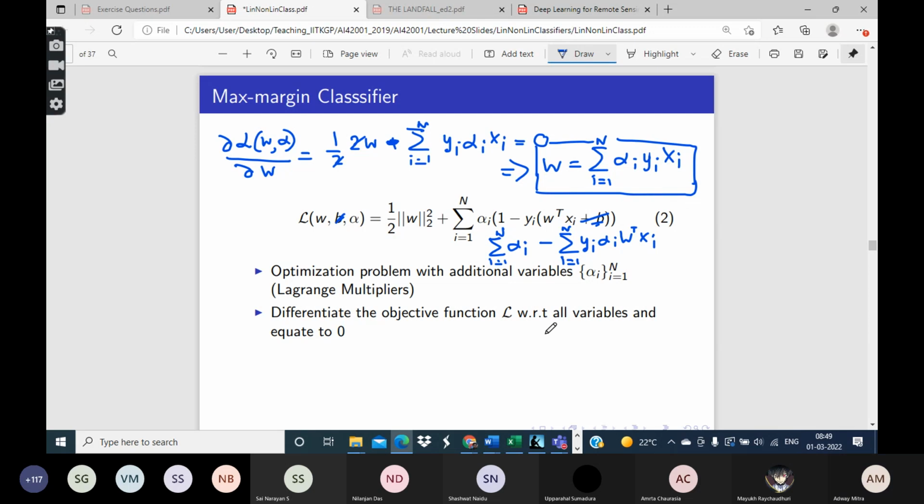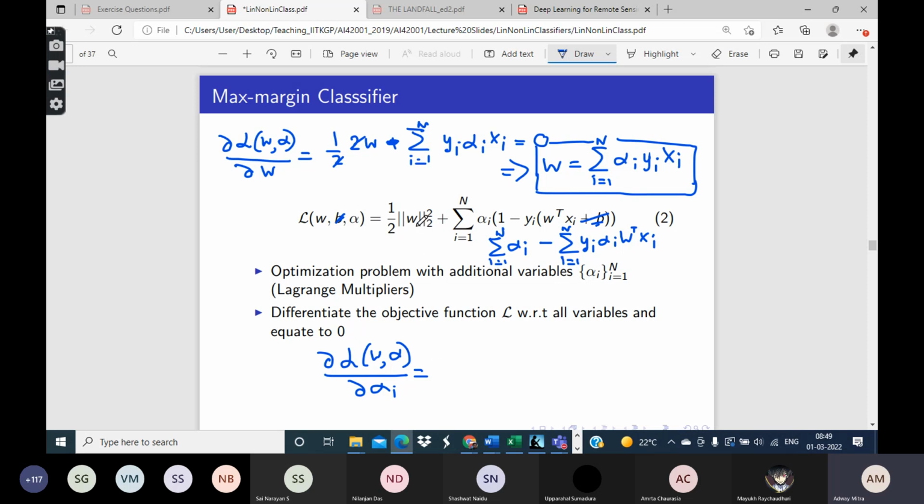Now, this is one relation which we have got. The next part is of course to do the differentiation with respect to each of the alphas. So we would do the derivative with respect to, let us say, alpha i. There are n alphas, so we have to differentiate with respect to each of them.